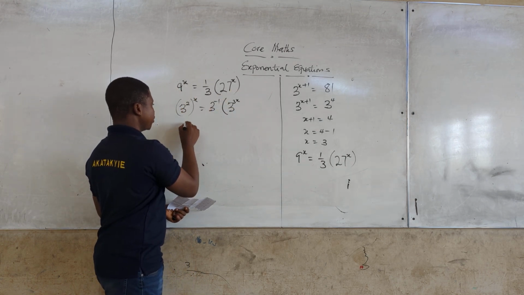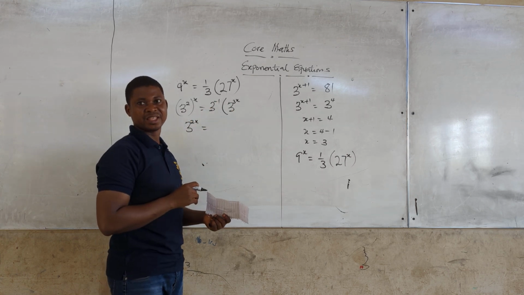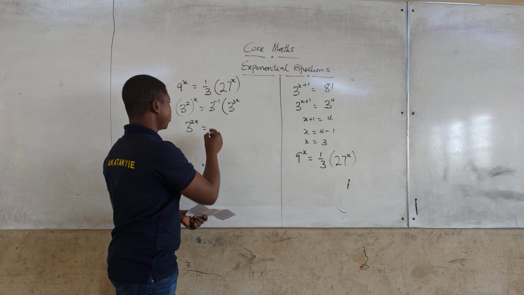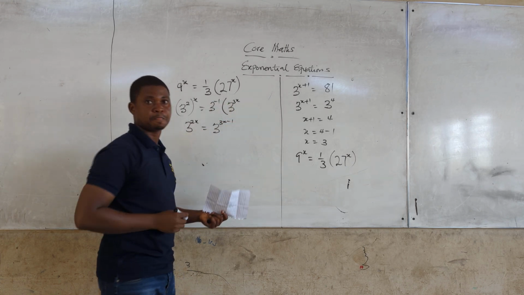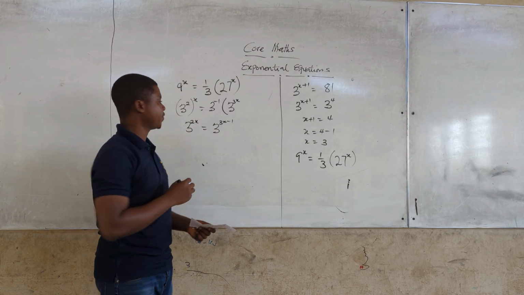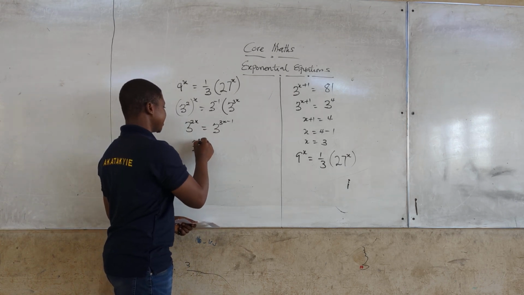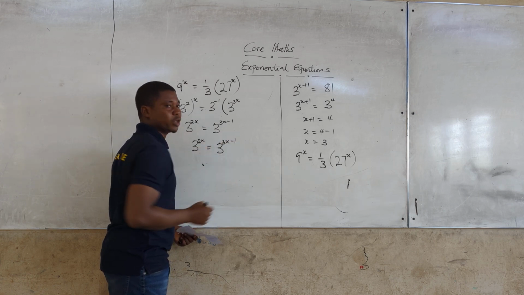But here the bases are the same and they are multiplied, so you add the powers. So it becomes 3 to the power 3x minus 1, minus 1 because you are adding that. So the bases are now the same. So you have 3 to the power 2x is equal to 3 to the power 3x minus 1.